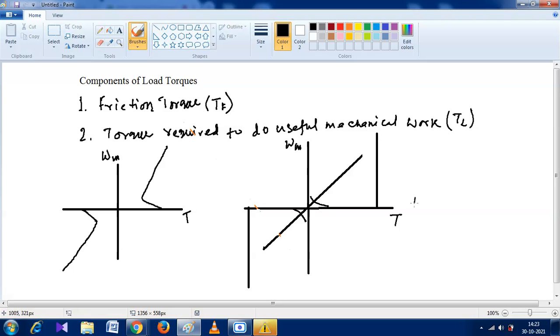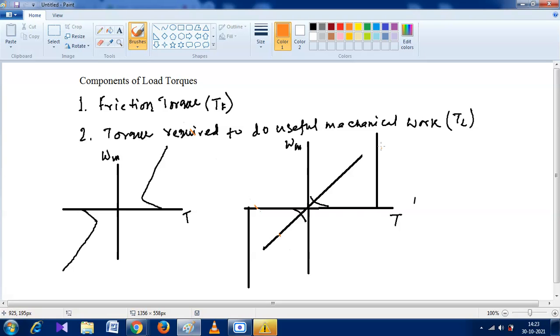So any friction torque has three portions. One is called stiction, which is the static friction when there is no motion between objects.